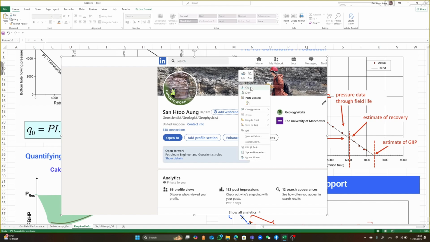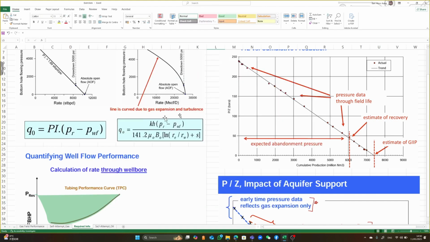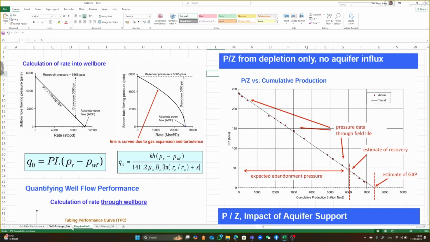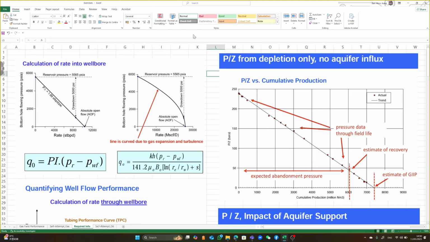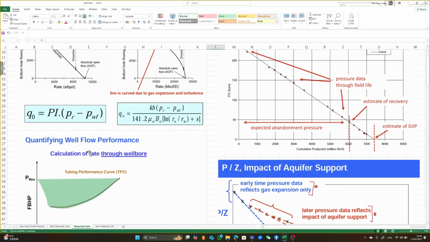So just to show you, this is me, and I'll be talking you through this exercise today. Okay, so what was I talking about in terms of gas production using graphical analysis? This graphical analysis is known as the inflow performance curve against the vertical flow performance.